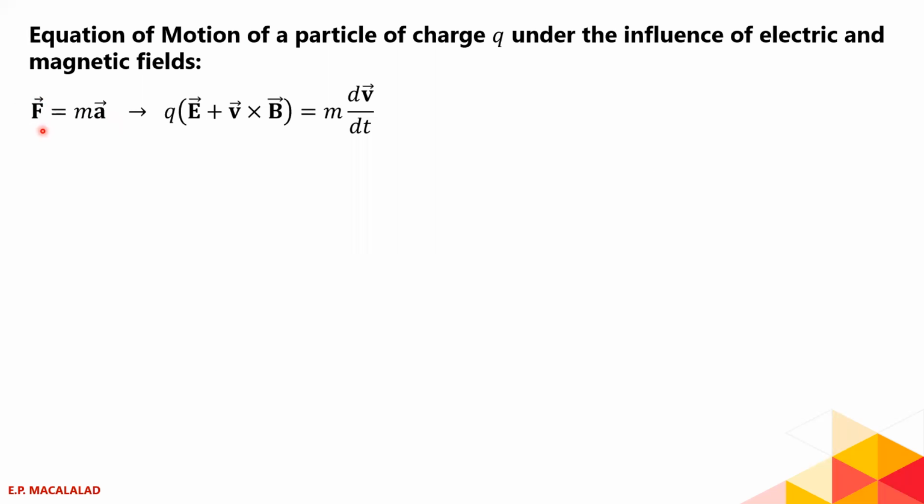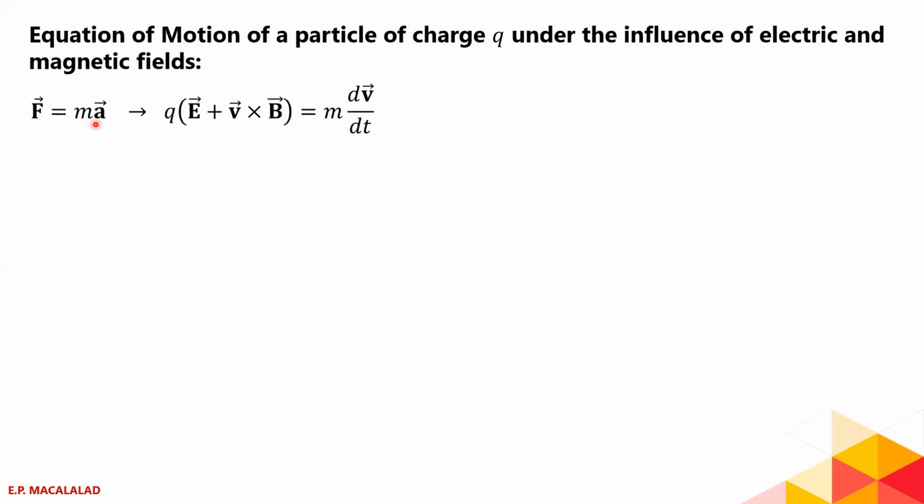The force exerted on a particle is equal to the mass of the particle times the acceleration caused by this net force. Because we're looking at electric and magnetic field forces on your charge, this force will be expressed in this equation. It is a combination of the electric force and the magnetic force. Sometimes we call this the Lorentz force.